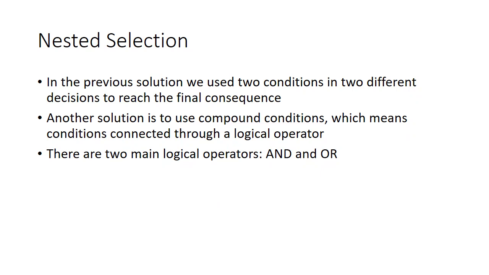If the mark is less than 90, then grade is equal to B. Else, if none of those things are true, the grade's not less than 60, not less than 75, not less than 90, then it must be 90 or more. So the grade is equal to an A. So we could have something like that.